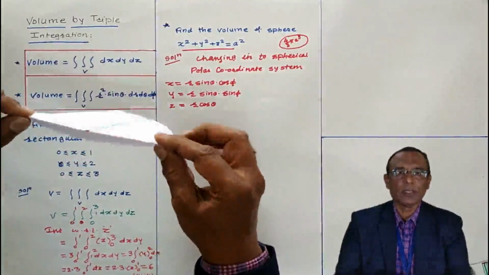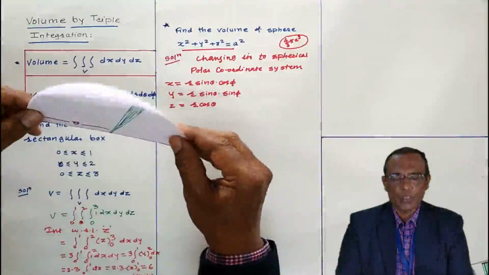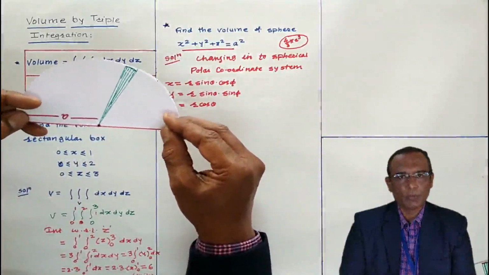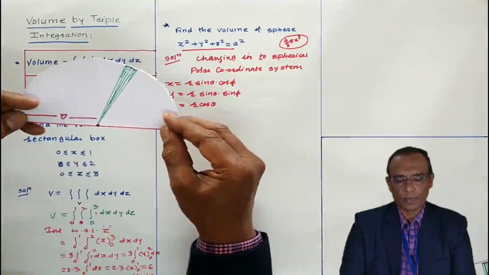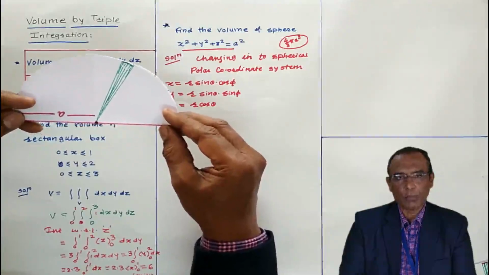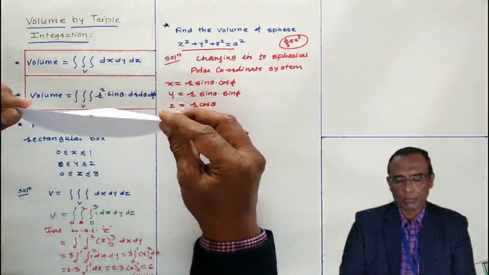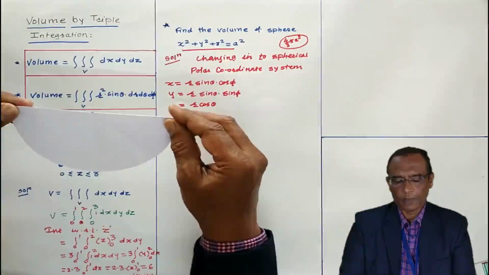Here the region of integration is the region of the sphere. This semicircular sheet I am going to move so as to cover the region. See, in this way I am going to move it. I have moved through pi by 2 angle.